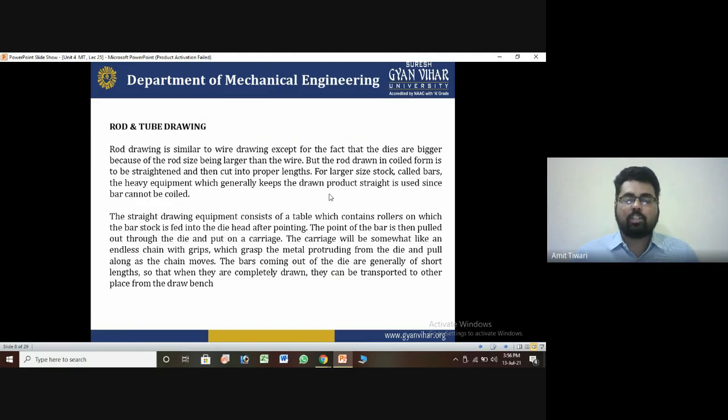The rod die works the same as wire drawing, except one thing is changed: the dies are larger, because the rod size is larger than the wire. So all the things are the same, except the drawing is with a bigger diameter as compared to wire drawing.